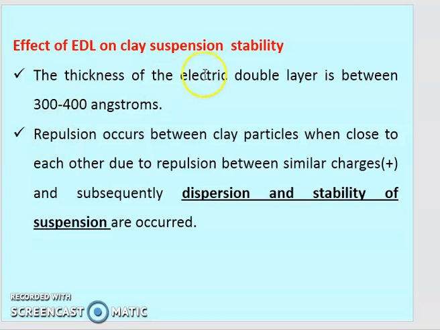This thick double layer is found when you have a diluted soil solution, or when you have a monovalent ion. Okay.